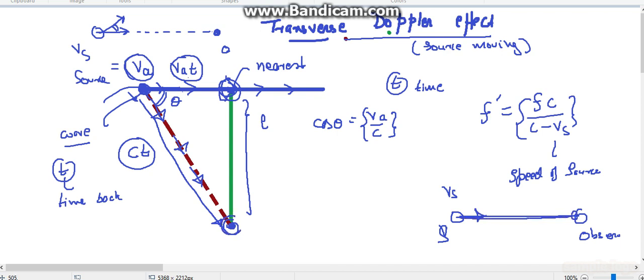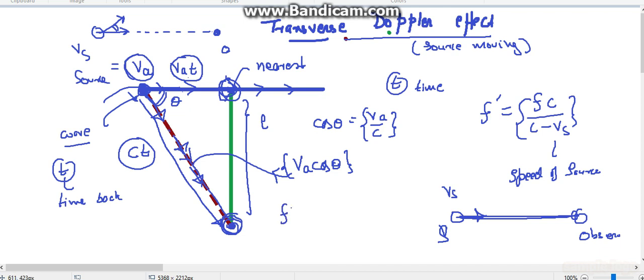Here the wavefront which the observer has heard has traveled this path. So this is the line joining the observer and source. What is the velocity component in this direction of the source? It will be VA cos theta.